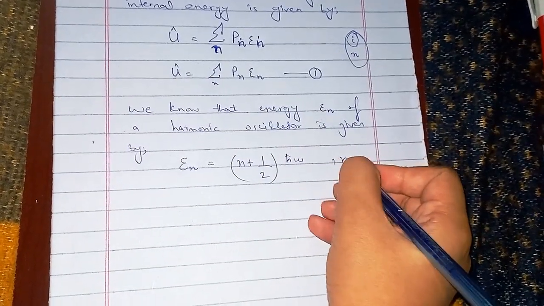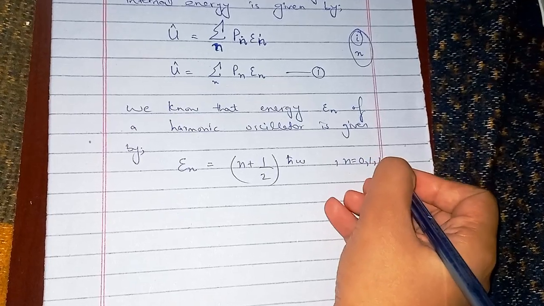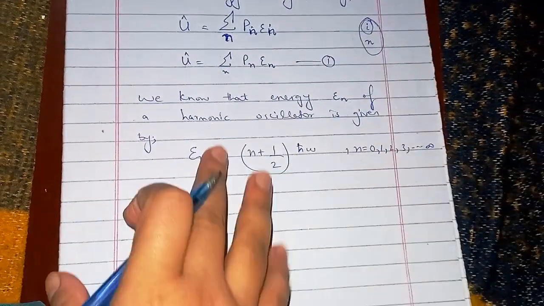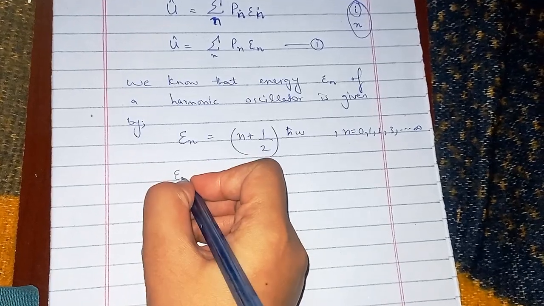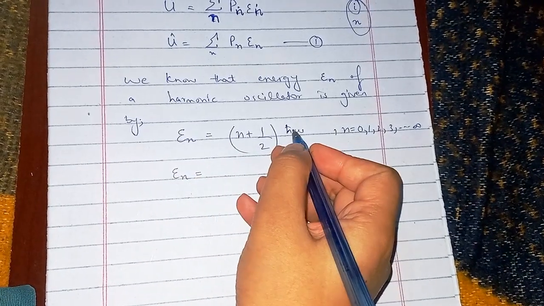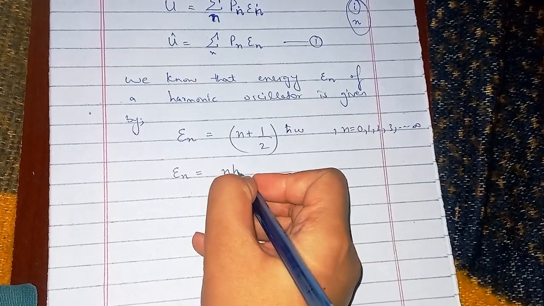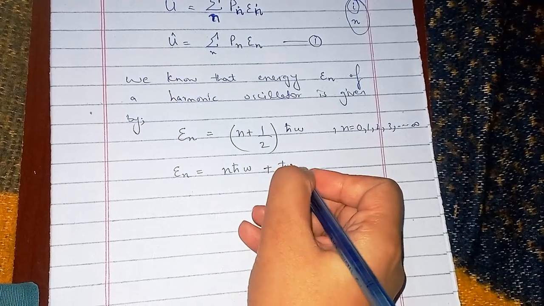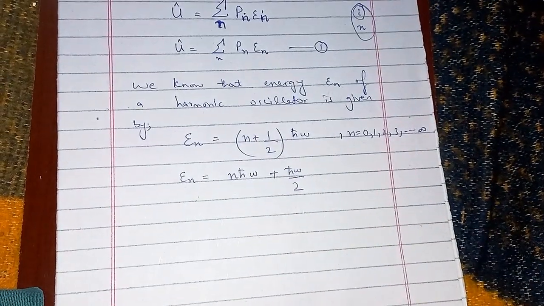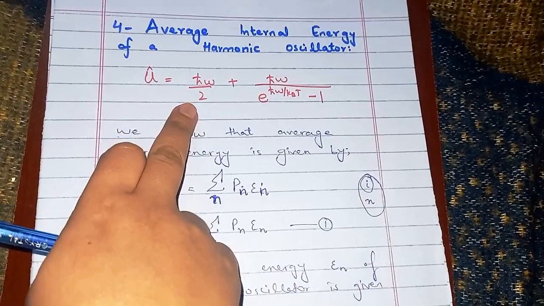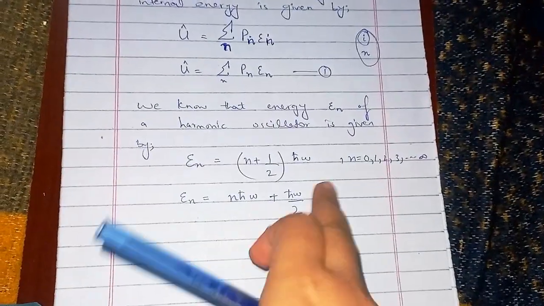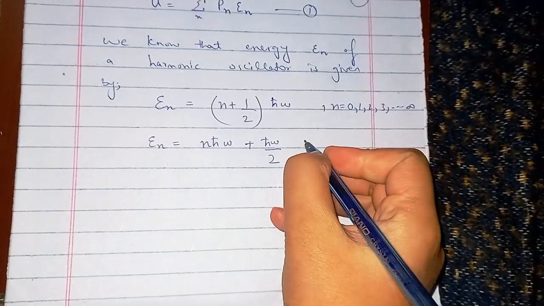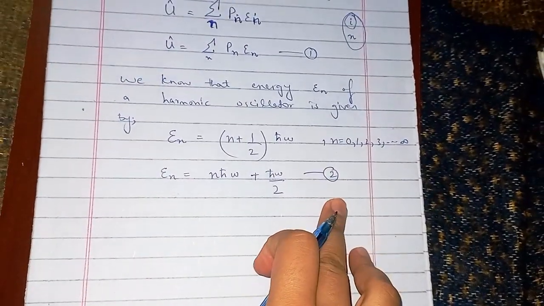What is n? n is 0, 1, 2, 3 and so on up to infinity. What else we can do here is multiply h cut omega inside, so it's n h cut omega plus h cut omega by 2. I did it because the separation is good. Let us call it equation number 2.